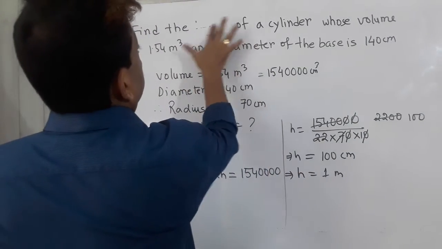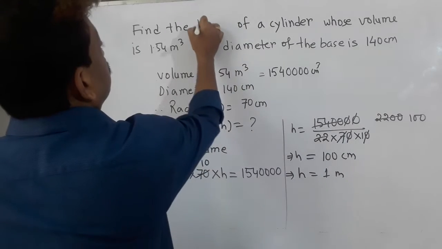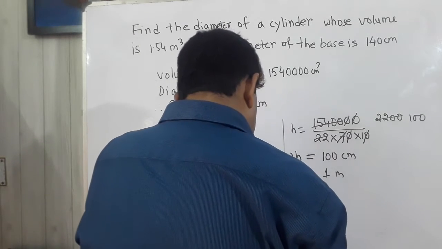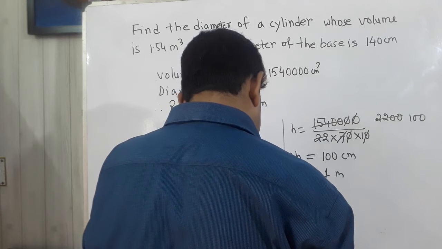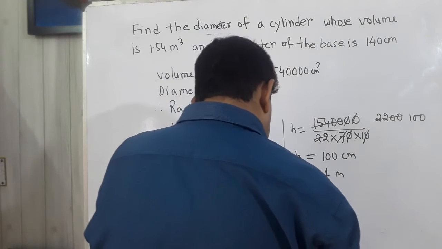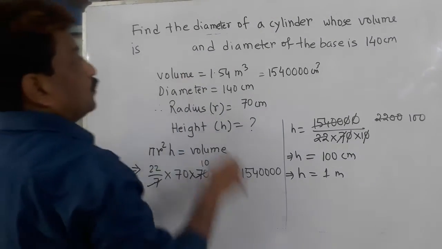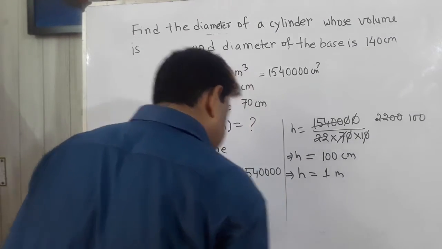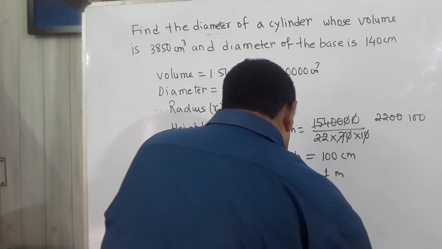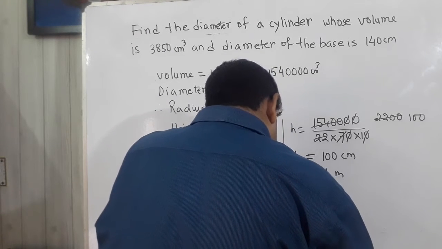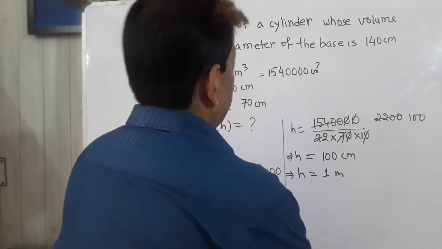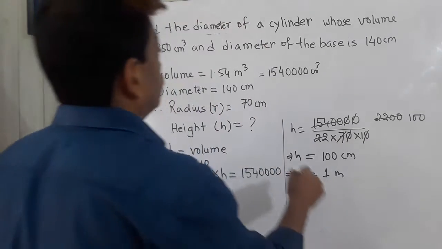Find the diameter of a cylinder whose volume is 3850 centimeter cube and the length of the height is 1 meter.